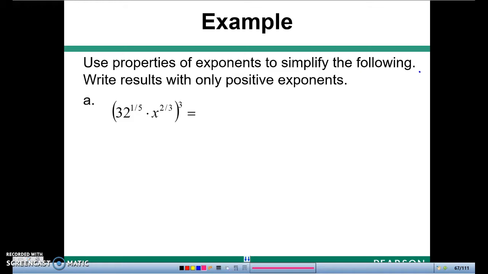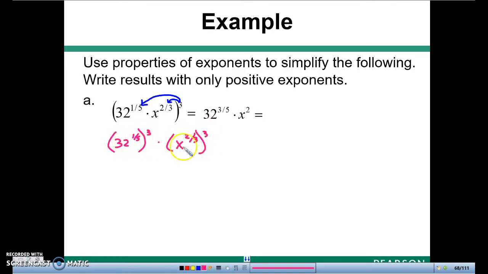Okay, let's see here. Use properties of exponents to simplify the following. Okay, if I have a product raised to a power, then each one of these factors is raised to that power. So I have 32 to the 1/5 is going to be cubed times x to the 2/3 being cubed.